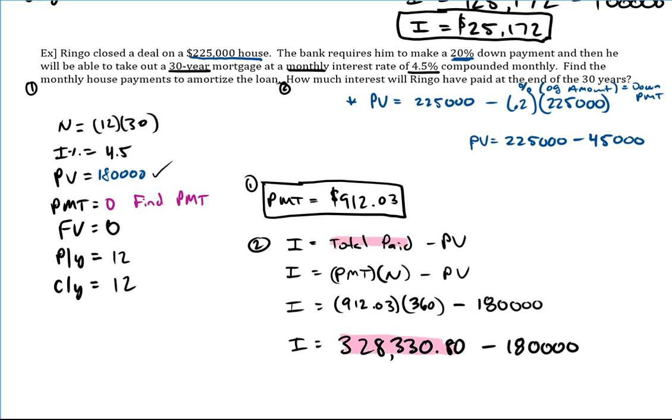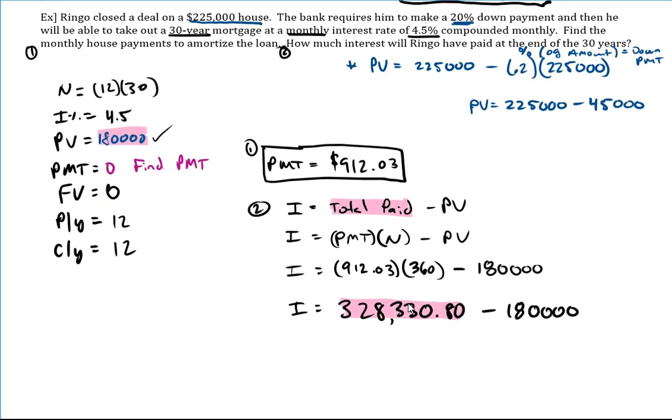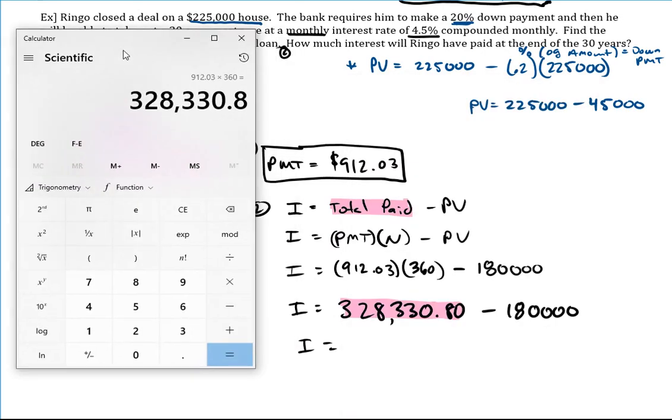This is the total paid over the 30 years. So if somebody had $180,000 right away, then they would not have to pay $328,000. So we're kind of seeing how much we lose in this scenario. So yeah, it's a bummer having to take out a big loan like this. But again, most of us, unless we're super lucky, don't have that type of money and we have to pay it off slowly. But now let's do that subtraction.